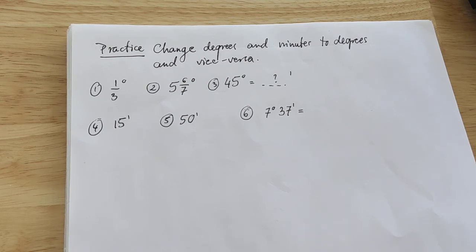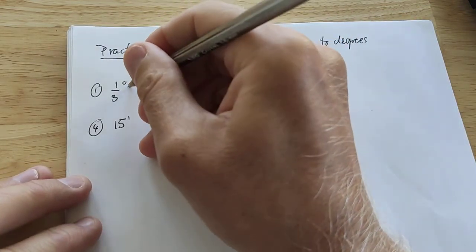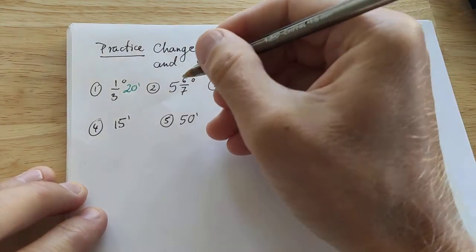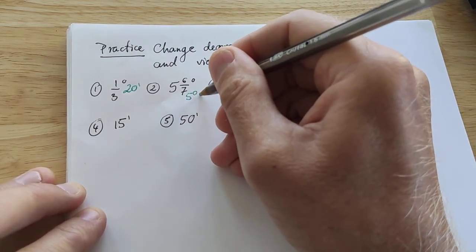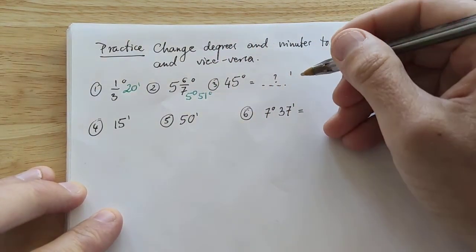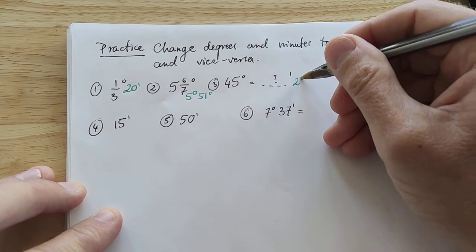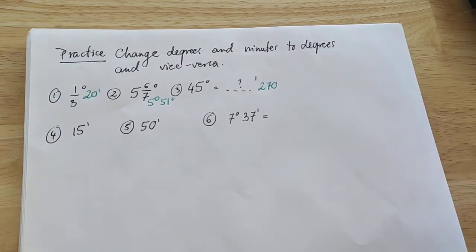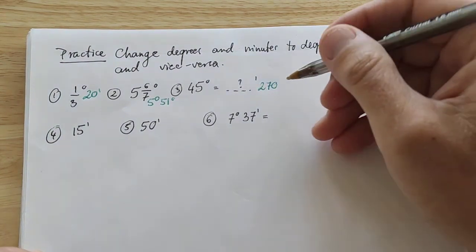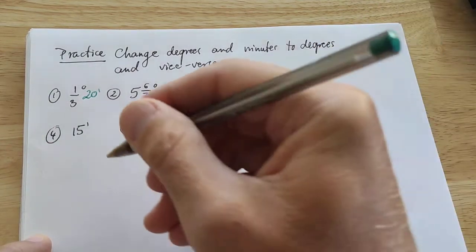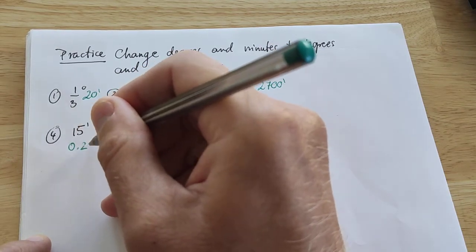Okay. So the answers, so the first one is obviously 20 minutes. The second one is 5 degrees and 51 minutes. The third one is 2700 minutes. 15 minutes is a quarter of a degree.